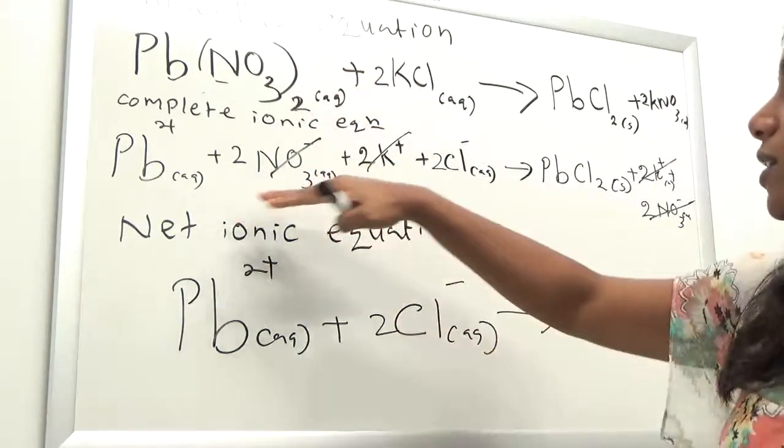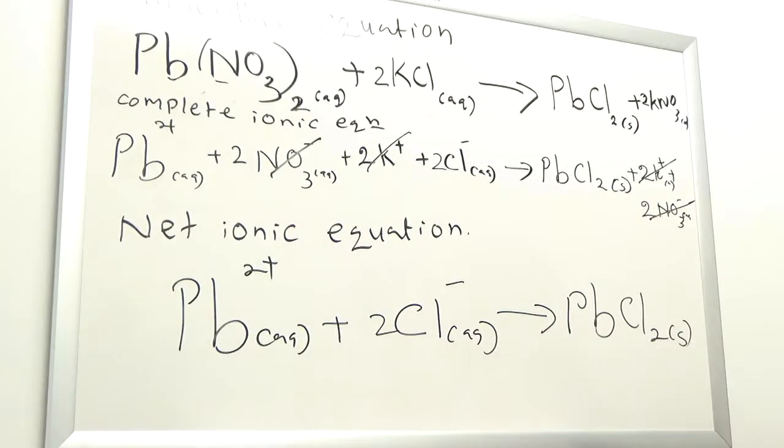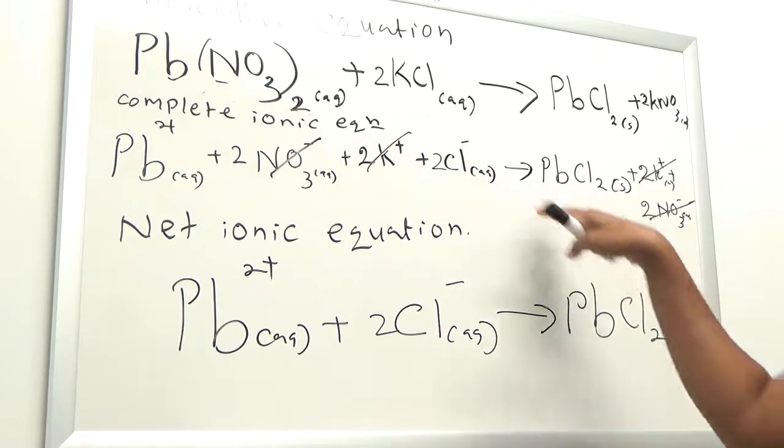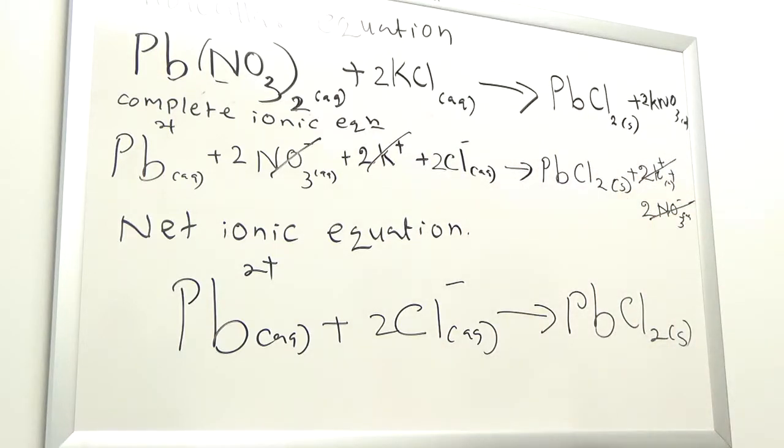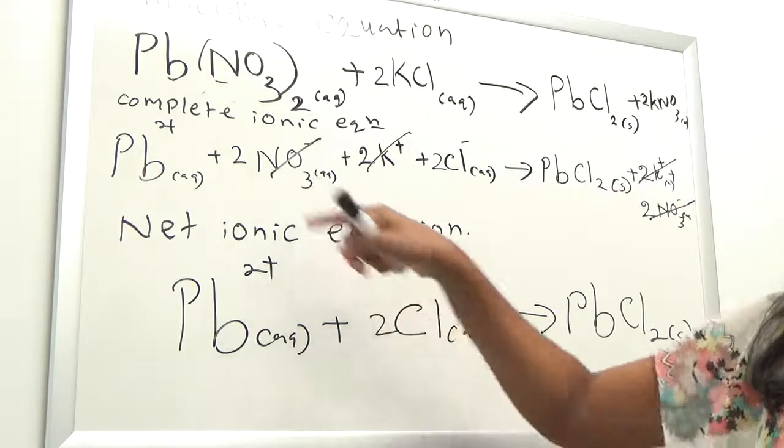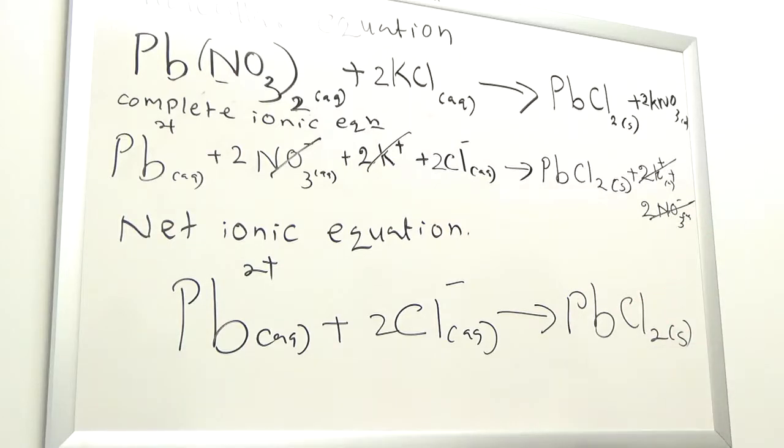Once you balance, you write the complete ionic equation. When you write it, keep in mind you can dissociate only if it is aqueous. You cannot separate if it is a solid or a liquid. And then once you have the complete ionic equation, you find the spectator ions. Once you identify the spectator ions, you can cancel them out and write the net ionic equation.